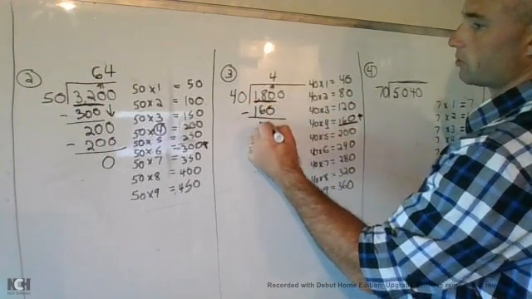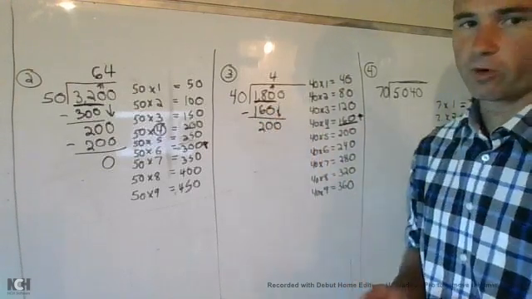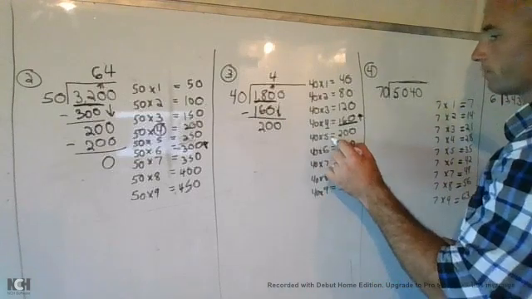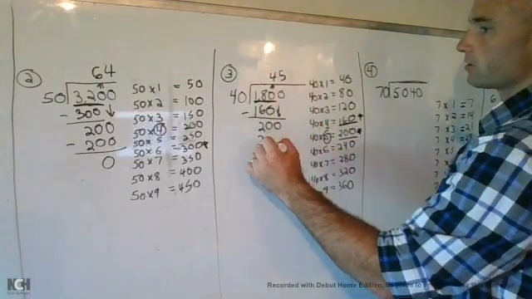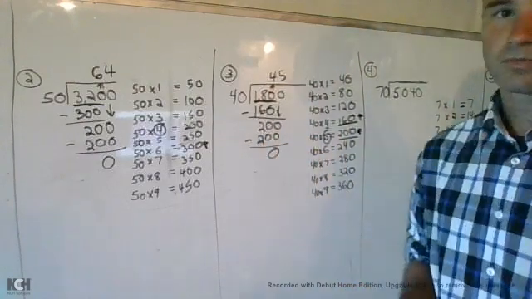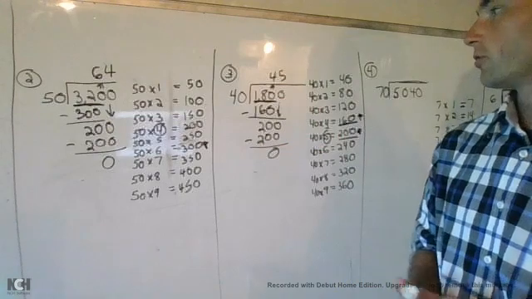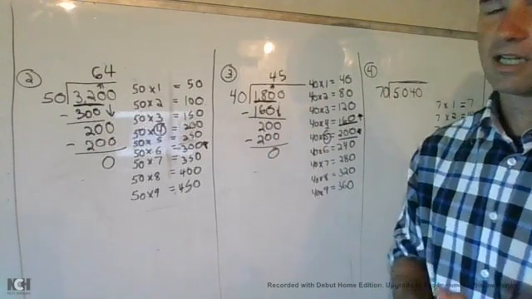You subtract to get 20. You bring down the 0 from the ones place. How many 40s go into 200? 5 of them. 5 times 40 equals 200, which leaves 0. 45 times 40. To check yourself, should get 1,800.